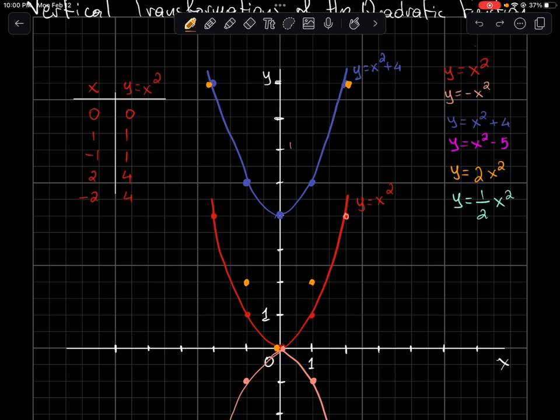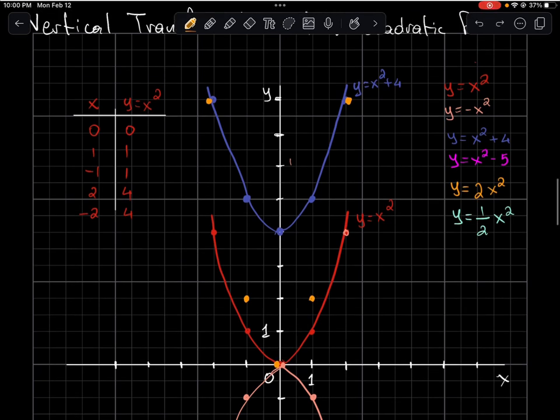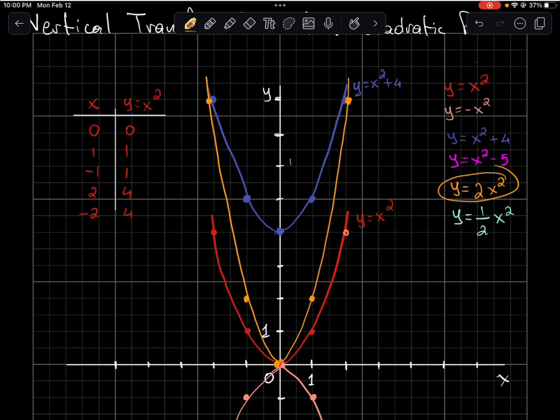Let's try again. Okay, and this one now. Alright, that is the graph of y equals 2x squared, which is twice as tall.